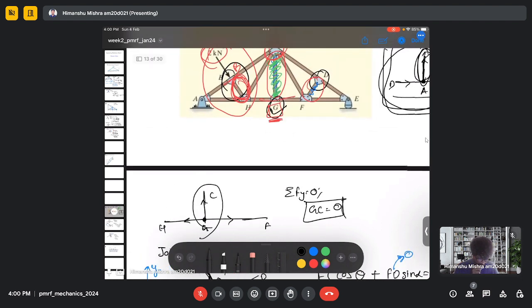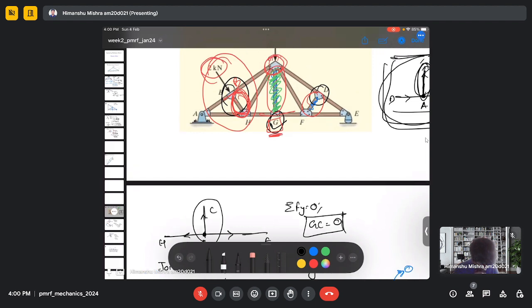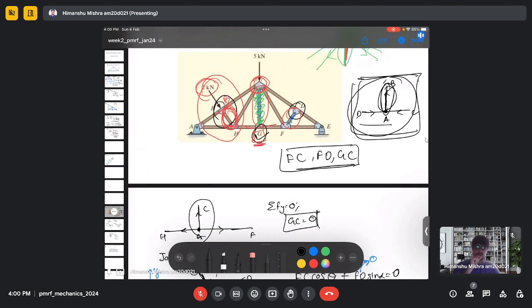So now we have three members which have zero force, which are FC, FD and GC. So this is the answer. Overall, three members are there. So just choose the joint which doesn't have any external force and try to do the force balance in that joint, and then you can identify the zero force member.